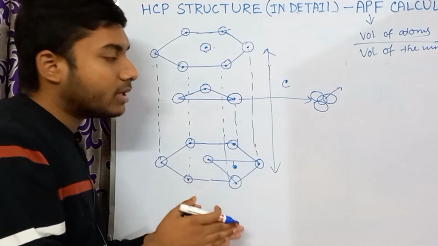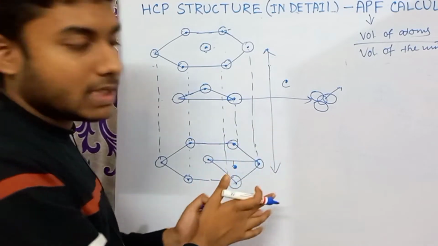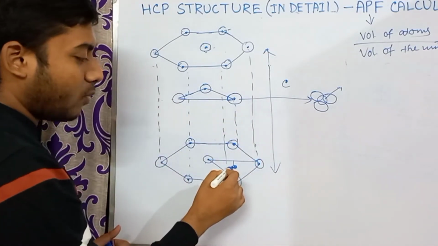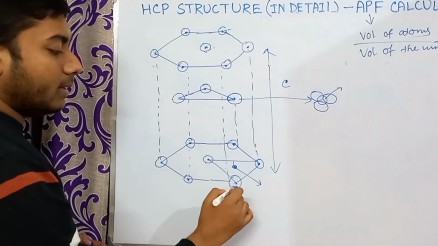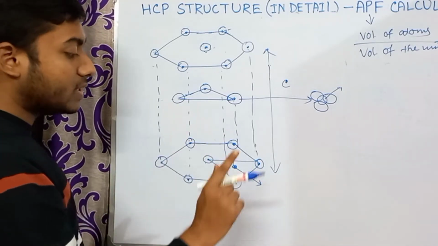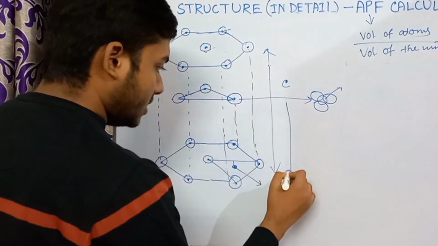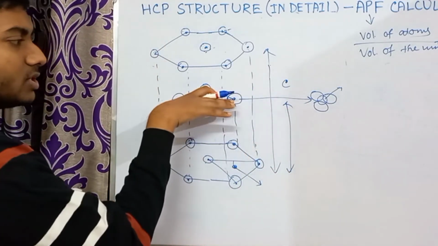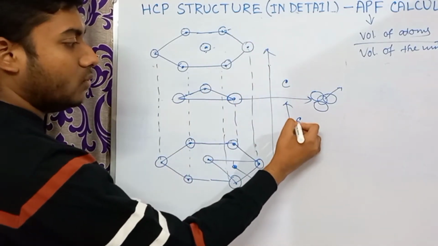From geometrical concepts, geometrical symmetries, it can be said that this point will be the centroid of this triangle, and so this plane is just half of the total height, that is C by 2.